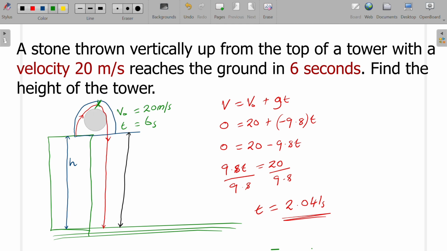So the time for the whole journey from the starting point back to the starting point is just 2 multiplied by the time we got. So we'll have 2 multiplied by 2.041 seconds.